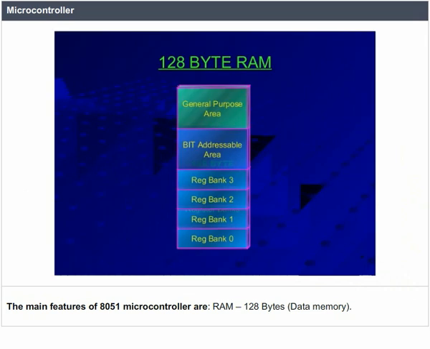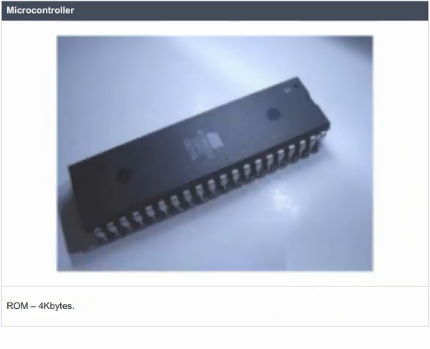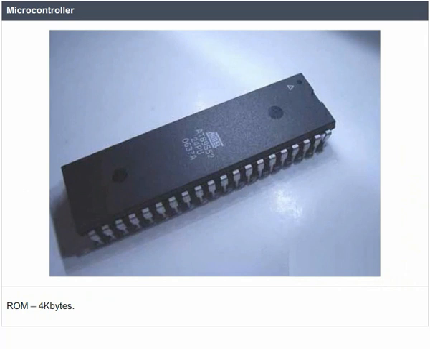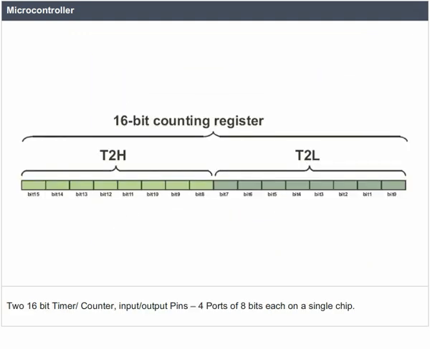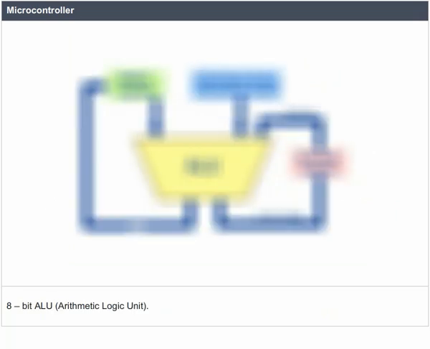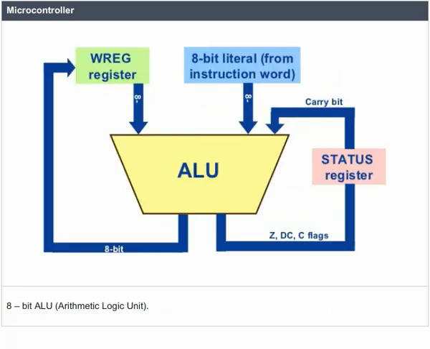The main features of 8051 microcontroller are RAM, 128 bytes of data memory, ROM, 4 KB. Serial port using UART makes it simpler to interface for serial communication. 2 16-bit timer or counter, input-output pins, 4 ports of 8 bits, each on a single chip. 6 interrupt sources. 8-bit ALU, arithmetic logic unit.